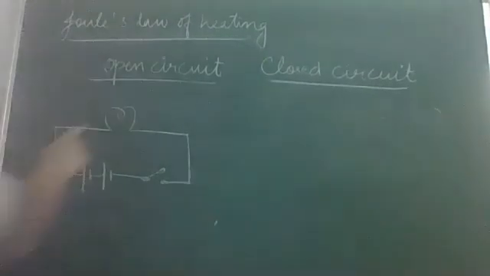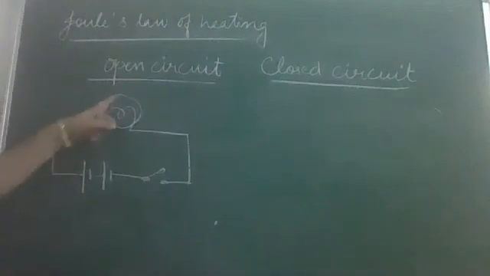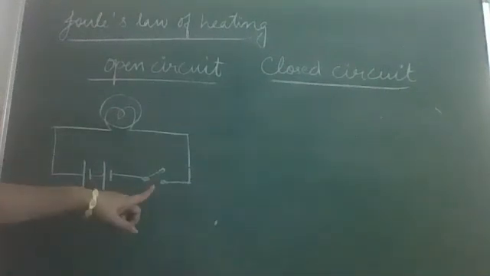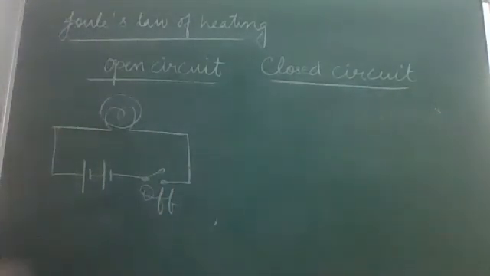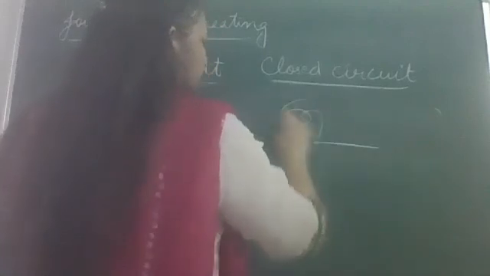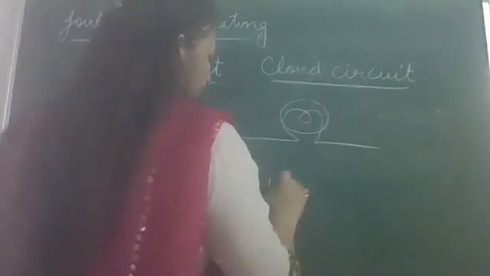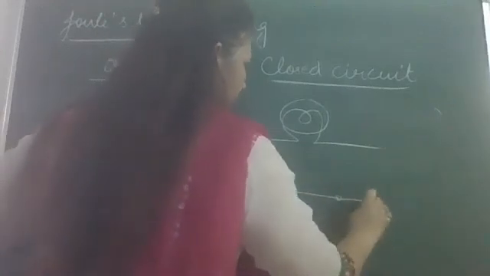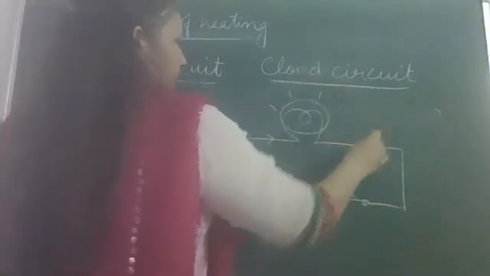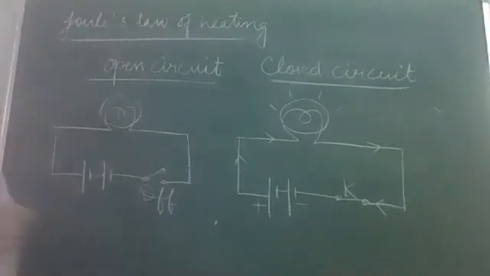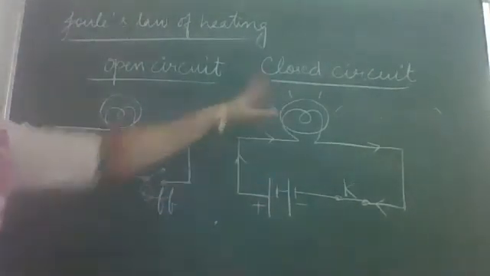In this case, the bulb is not glowing. This circle is just the symbol of the bulb. I have corrected it in your copies. That is not the circle I am putting, this is a part of the symbol. So the key is open, off, no current will flow through the bulb, it will not glow. This is a closed circuit, current is flowing, so the bulb is glowing.